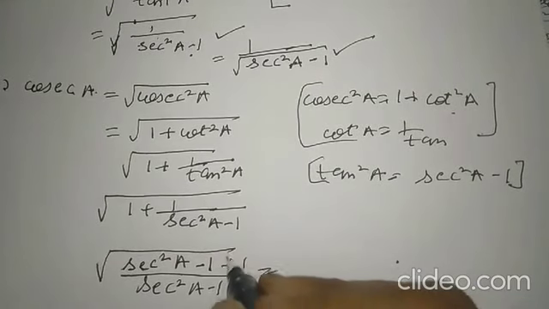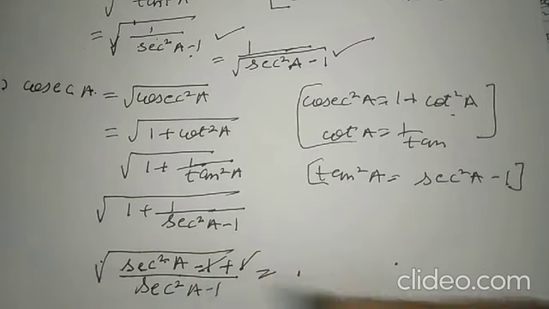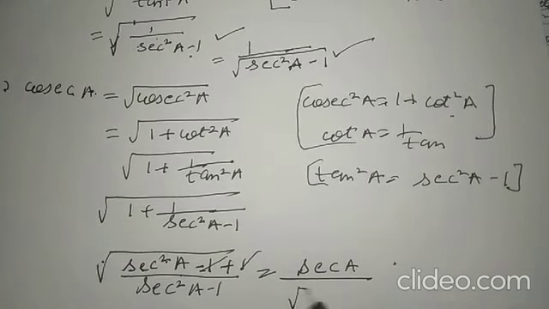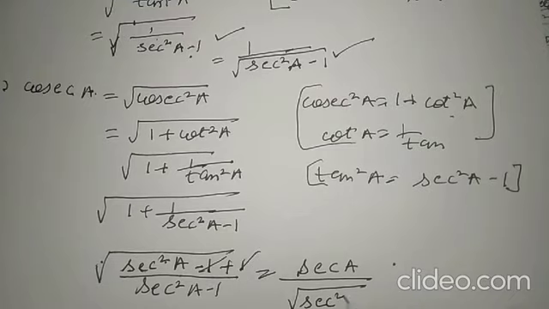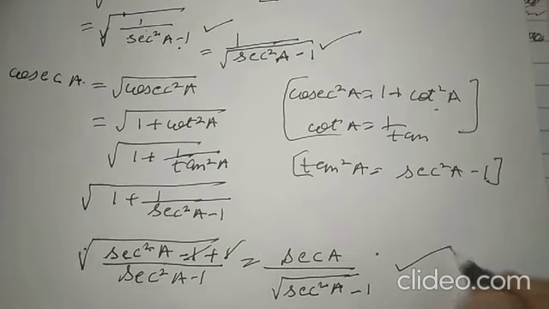So the 1 cancels, and the square cancels with the square root, and we have sec A by root of sec square A minus 1 here. I hope you understood this question. Thank you.